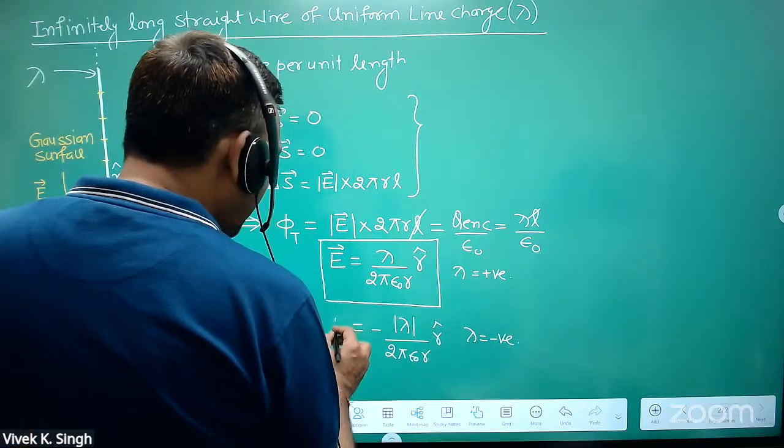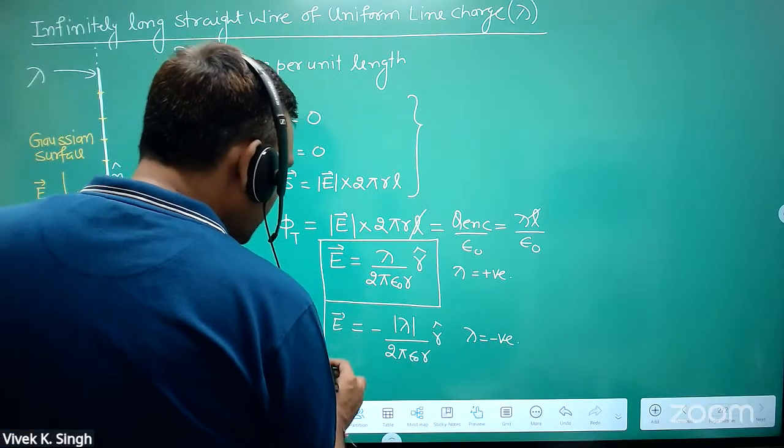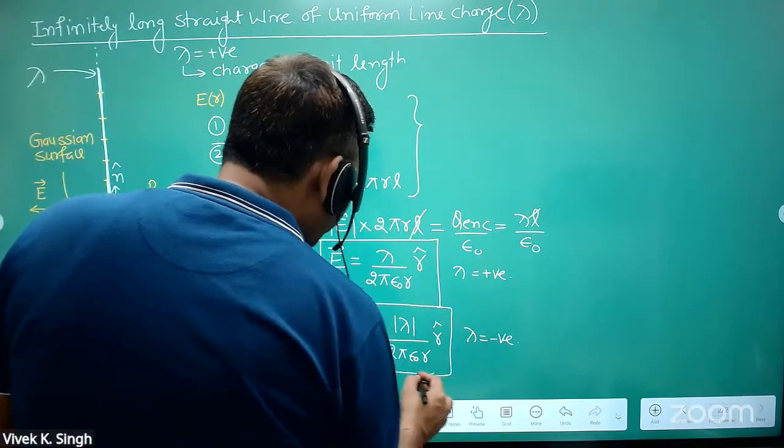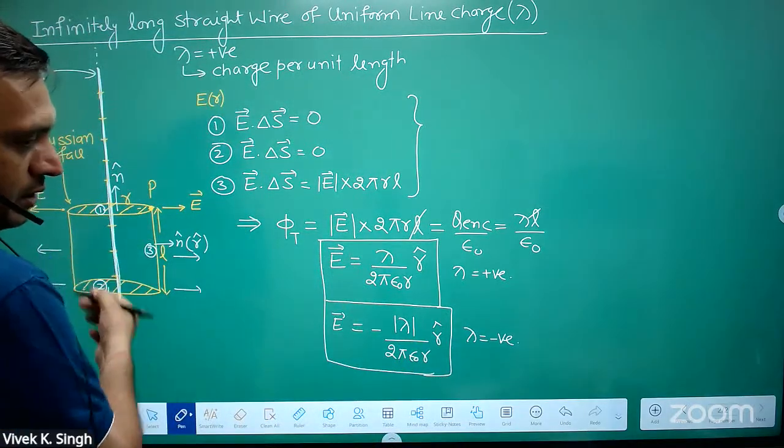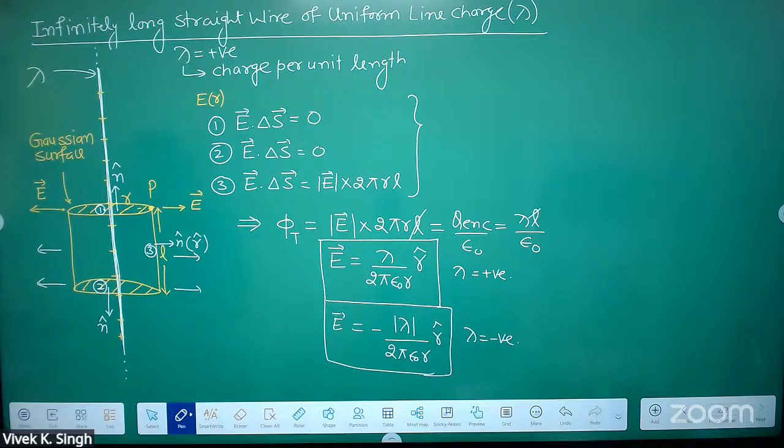अगर lambda negative है तो electric field is towards the wire. So must remember this case, ठीक है?